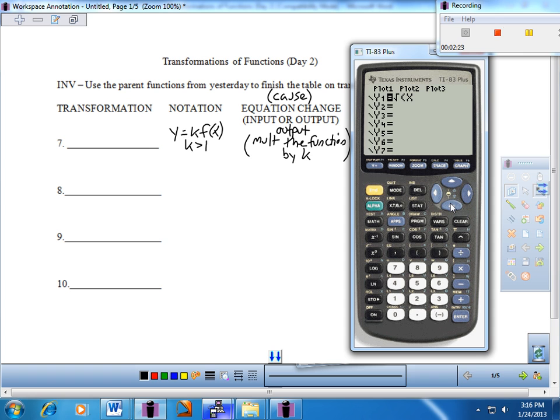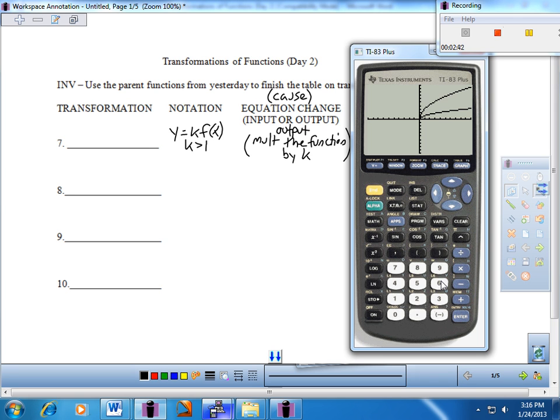And I'm going to take that parent function and multiply it by a number bigger than 1. So I'm just going to do a k value of 3. I hope that works for you. So instead of square root of x, I'm going to do 3 times the square root of x. And when I do that, I'm going to hit zoom and number 6 at the top there. And we get that piece right there.